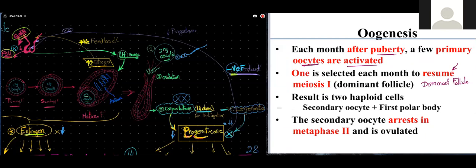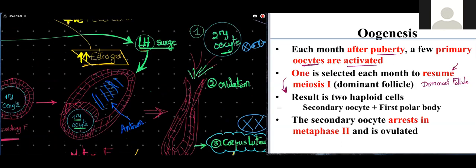Once you are at mid-cycle, you've got the LH surge. This primary oocyte will complete meiosis 1 and form a first polar body to reduce the number of chromosomes.